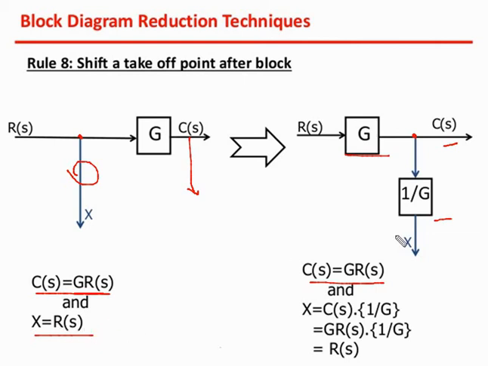But X equal to RS, here X equal to 1 over G, which is the gain of this block, and the input is CS. So it becomes CS by G, CS into 1 by G. But CS equal to G RS, so G and G will cancel out and remain only RS. So X equal to RS, which is the same as the previous case.